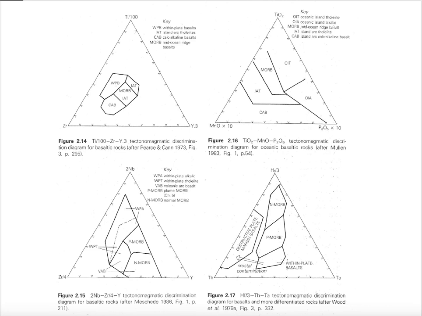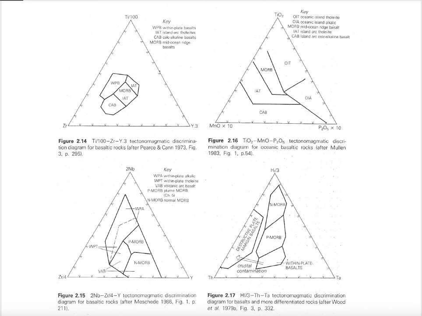Then we have OIT, that is the ocean island tholeiite. Then we have OIA, that is the ocean island alkali basalt. Then we have the MORB, the mid-ocean ridge basalt. IAT, that is the island arc tholeiite. And CAB, that is the island arc calc-alkaline basalt.